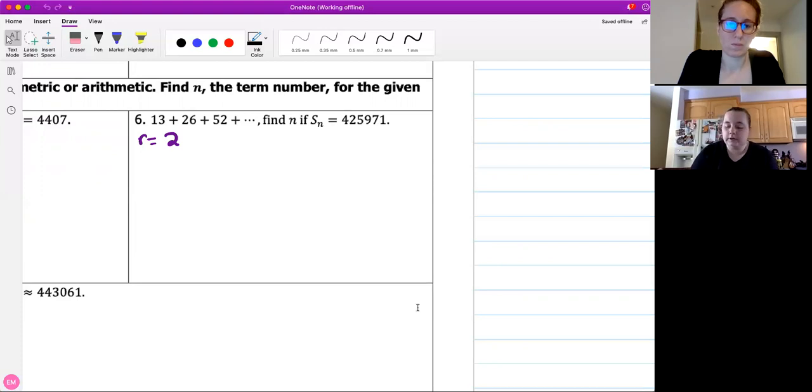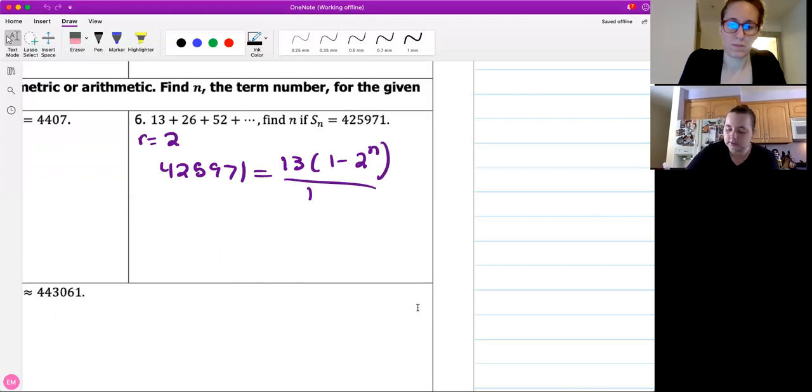Okay, so for this one, we're going to take S sub n. So remember the S sub n is equal to 425,971. We're going to set that equal to our equation for the partial sum, and I'm going to plug things in here. So we have our first term, 13, times 1 minus the common ratio to the nth power, over 1 minus the common ratio, and now we need to solve for n.